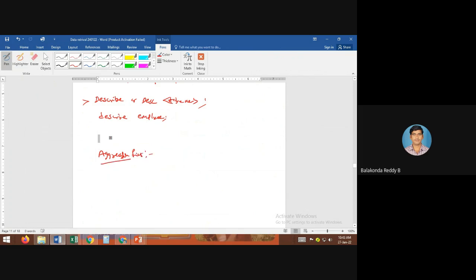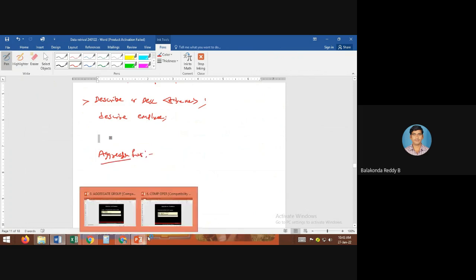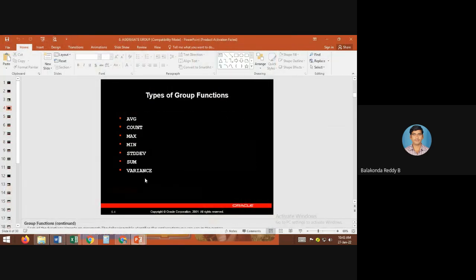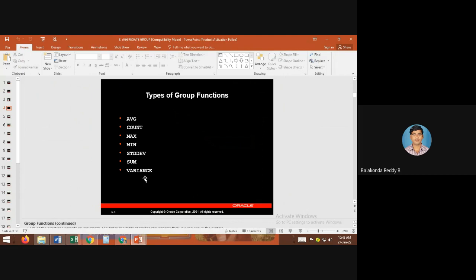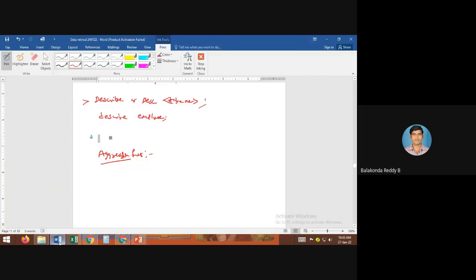All of you put the heading: aggregate functions are grouping functions. These are called aggregate functions: average, count, max, min, sum. No need of standard deviation and variance. We cannot use those.